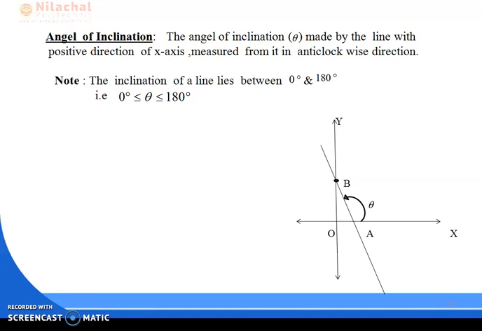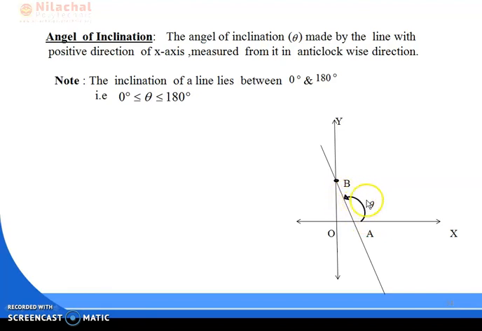So here, for theta, you just see here, this is the x-axis, this is the y-axis, this is the origin and this is our line. What is the theta here? There are many angles. This is also a line angle, this is also a line angle, and so on. There are 4 angles, but we just choose this angle because from the x-axis, anti-clockwise, means positive direction, to the line.